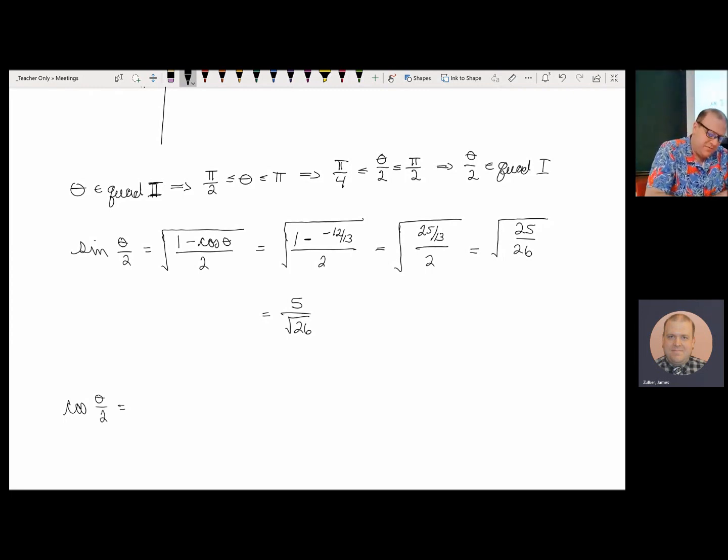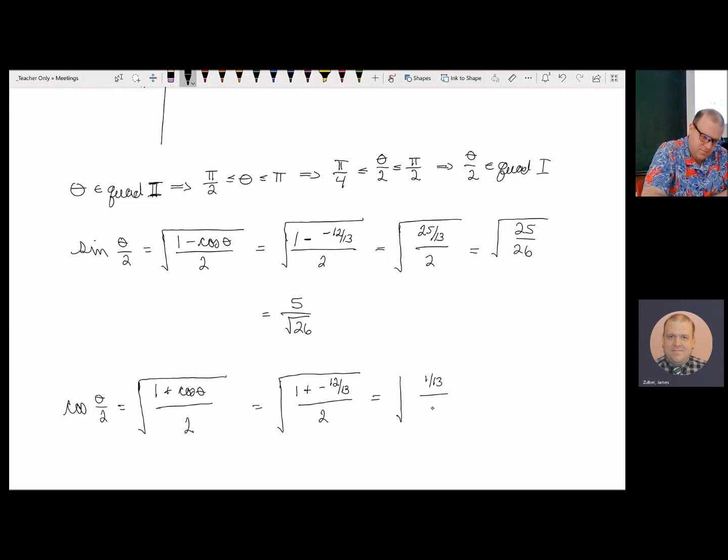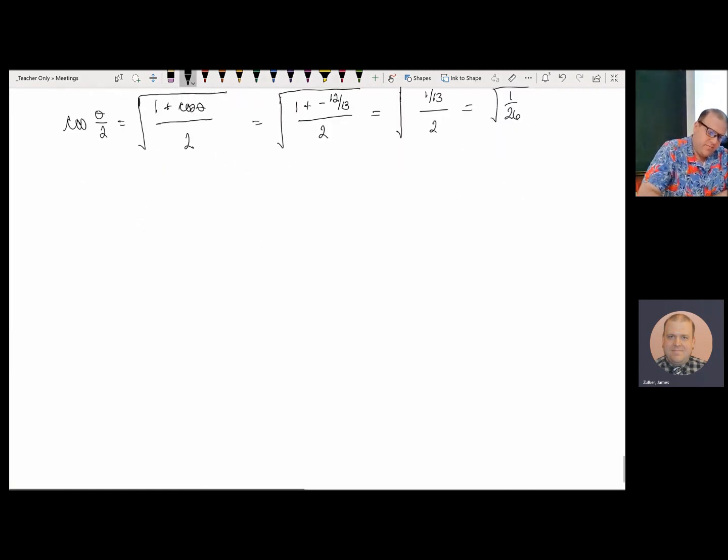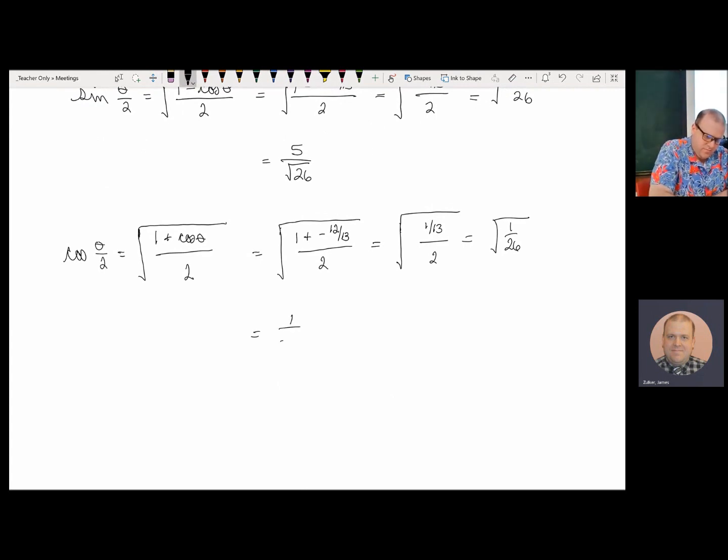In quadrant 1 cosine is also positive: positive root of 1 plus cosine all over 2. That gives 1 over root 26.